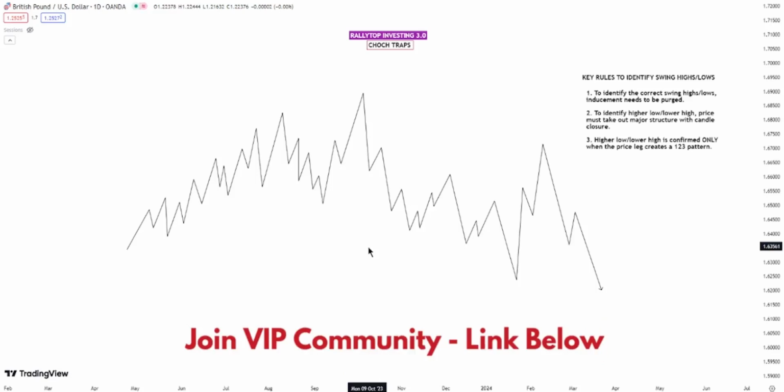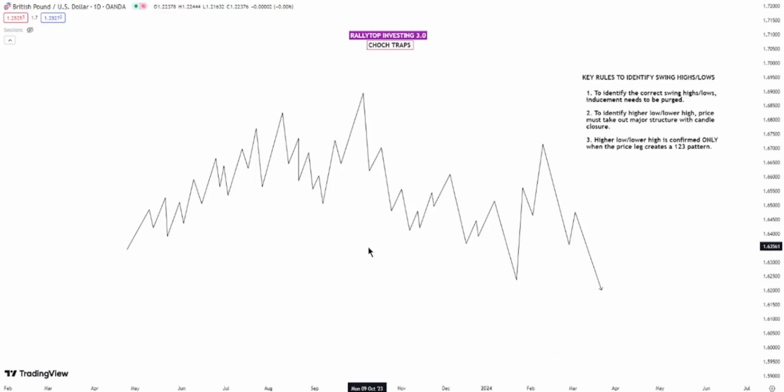Now, what are these three important rules that you need to observe before you identify the correct swing highs and lows in the market? Number one rule: to identify the correct swing highs or lows, inducement needs to be taken. Inducement is needed for your swing high or your swing low to be valid.